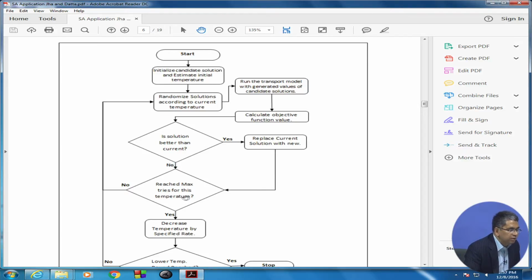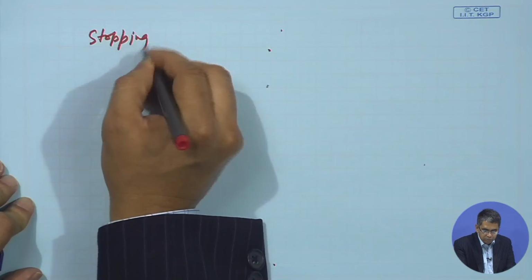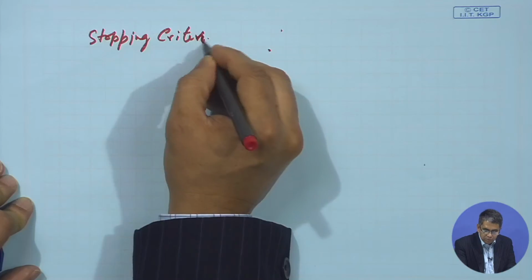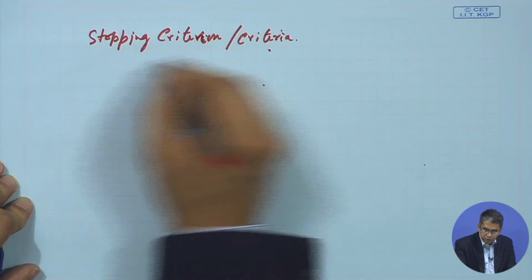Reached maximum tries. Now, stopping criteria is another very big issue, and those of you who will do research with optimization should be very careful about the stopping criteria. Criterion or criteria, depending on singular or plural.